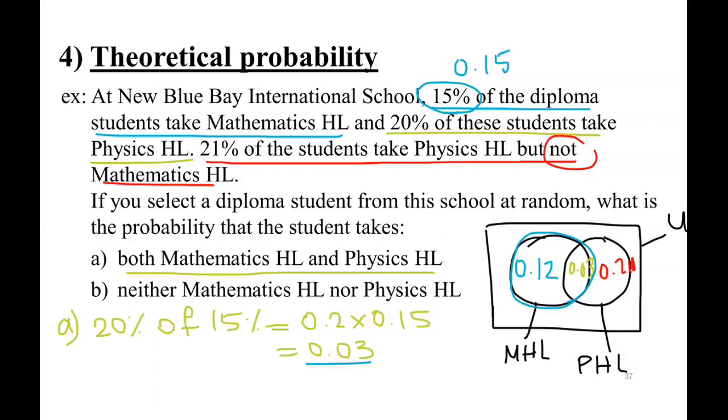So now in part B, what do they need us to find? They want to find the number of students that neither take Math HL nor Physics HL. So basically they're asking us to find the number of students outside both domains in the sample space U. Now over here, in the previous example, the sample space had 50 students.